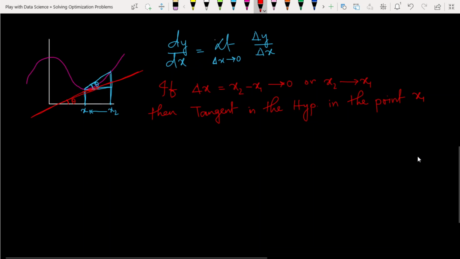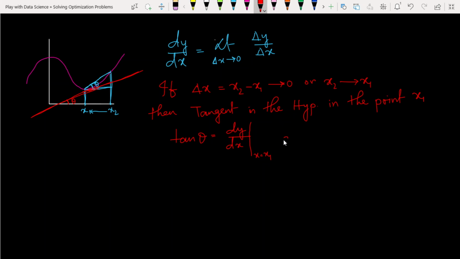In this case, tan theta is equal to dy by dx at x equals x1. Means at the point x1, our differentiation will be tan theta.